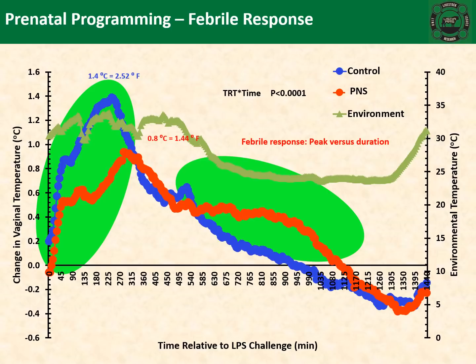The blue line represents those heifers whose dams received the saline, and the red line represents those heifers whose dams received the LPS. As this graph clearly depicts, the heifers whose dams were administered LPS during the third trimester had a significantly reduced peak fever response, but a prolonged fever response compared to the control heifers.